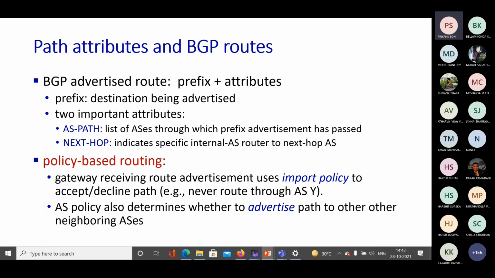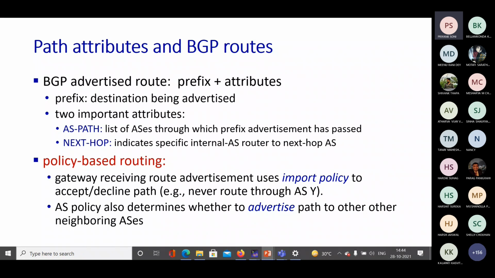Now, when we started with BGP, we said that whenever we are using BGP, eBGP and iBGP are done according to a routing policy. So what is this policy-based routing that is being used here? First, the gateway that receives the route advertisement uses an import policy to accept or decline a path.